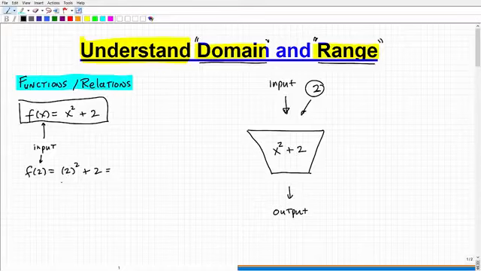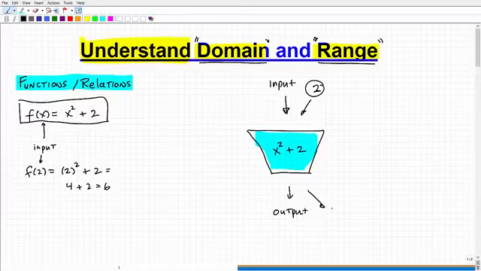I'm going to end up with 2 squared, which is 4, plus 2, or 6. So if I throw the 2 into this little function machine, I'm going to end up with a 6.